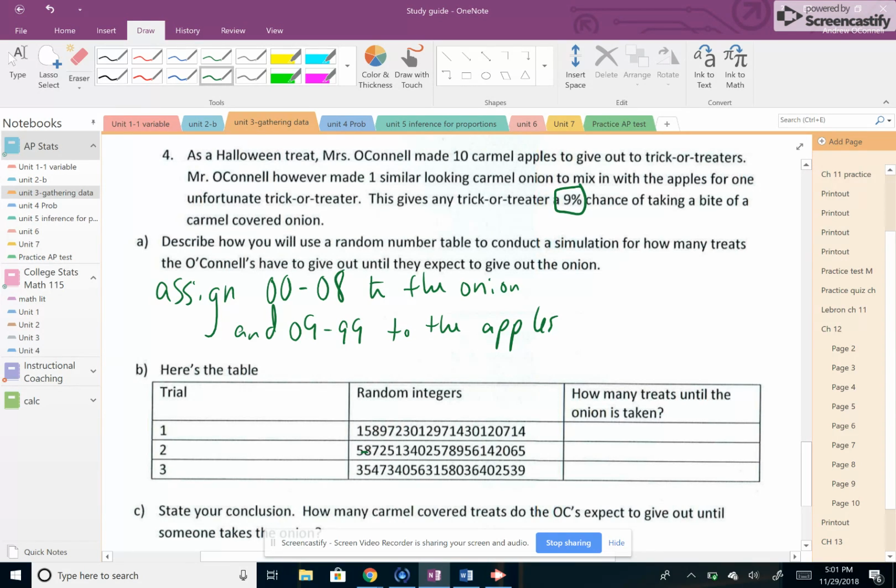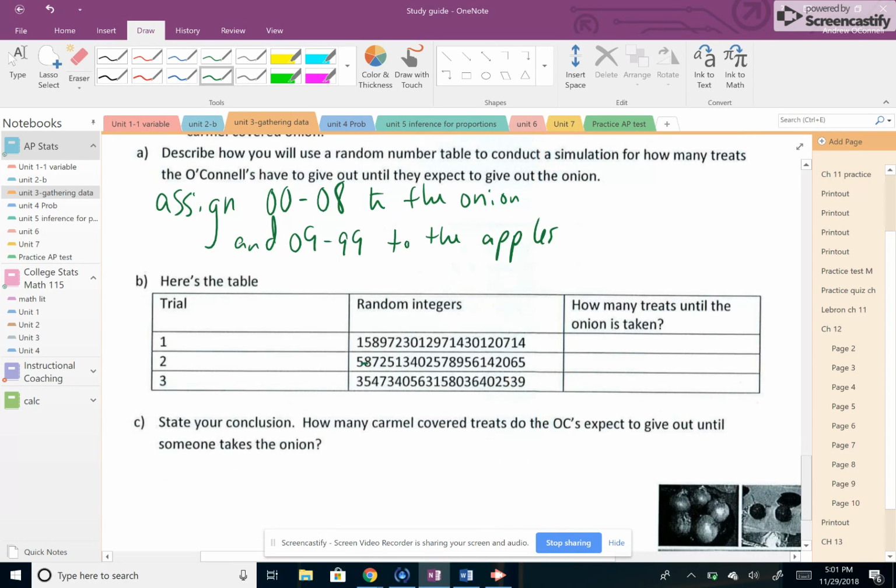There are definitely many other ways to do this. If you're using a random number generator, it might make more sense to do 1 to 9 as the onion, and then 10 to 100 as the apples, but we'd like to avoid the 3 digits if we can. Anyways, here's the table, trial 1.